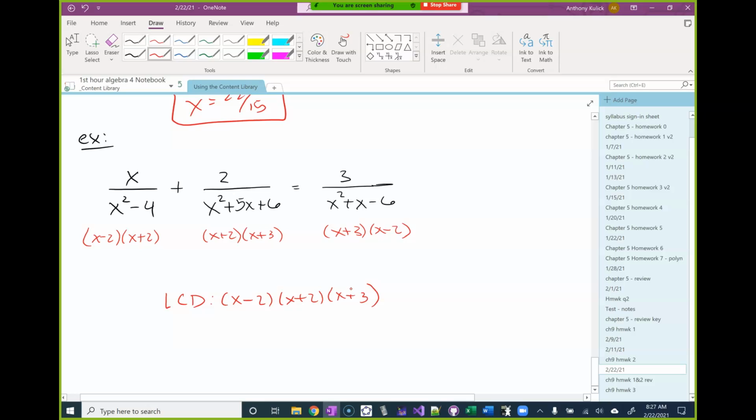And hopefully it's pretty easy to see that the least common denominator is going to be x minus 2 times x plus 2 times x plus 3. Do you guys agree with that?